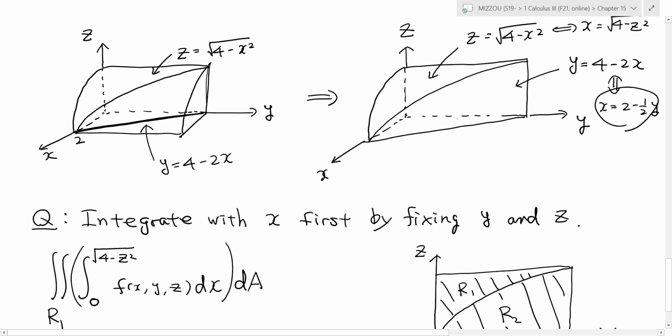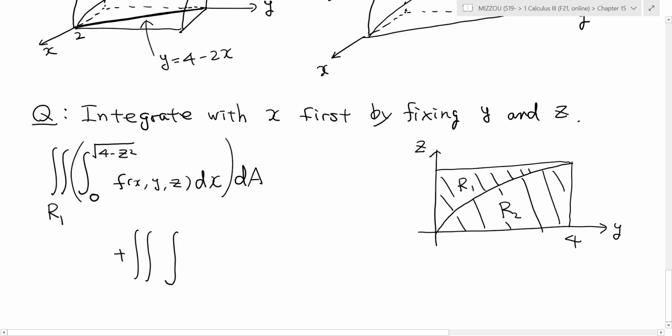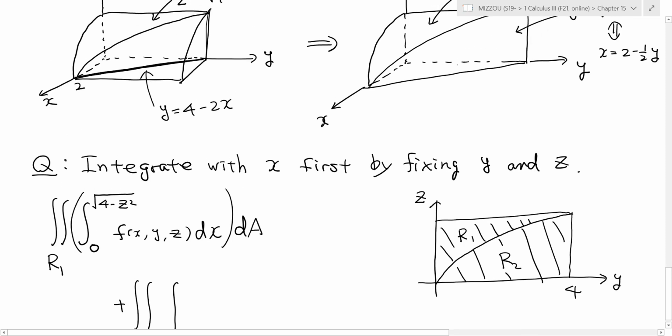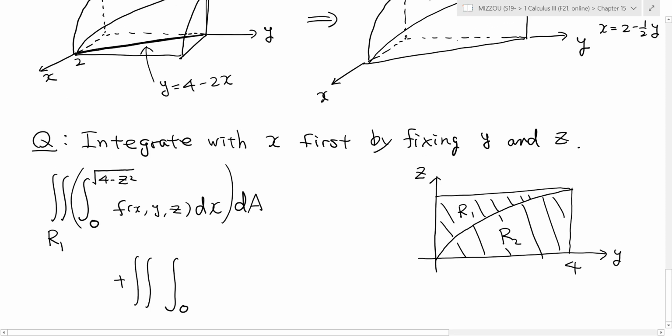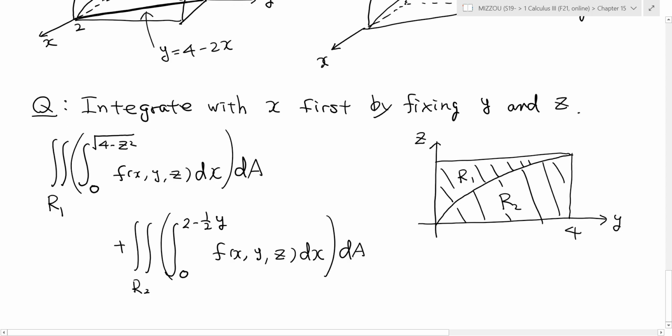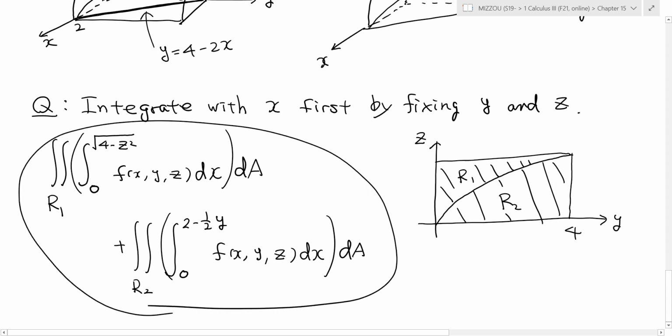So x is from 0 to 2 minus 1/2 y, dx. And then you have to double integrate whatever you are left with over the shadow. But in this case, the shadow is this portion, R2. You have to double integrate over R2. Okay, so that's the integral you have to set up. So you have to separate into two different regions.